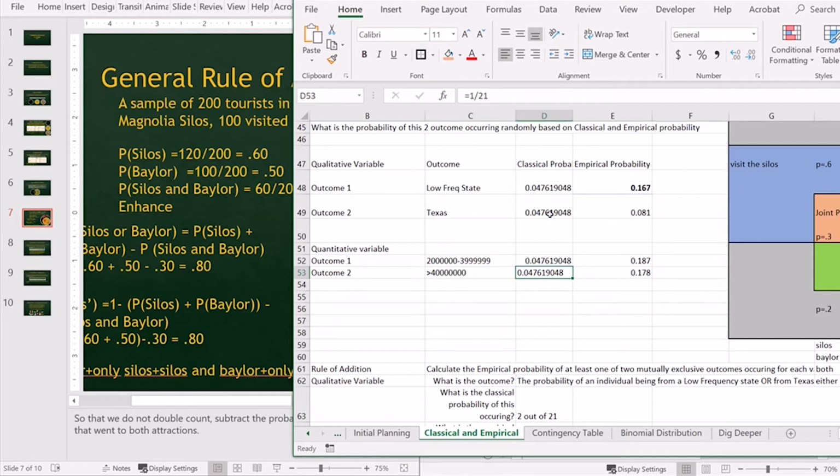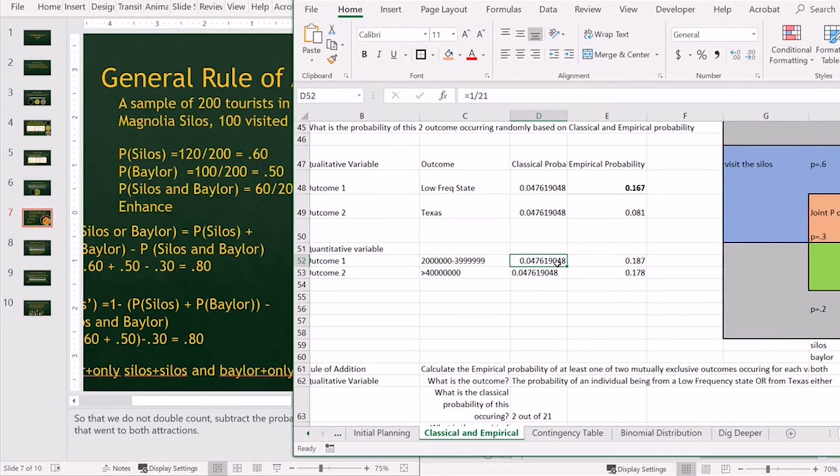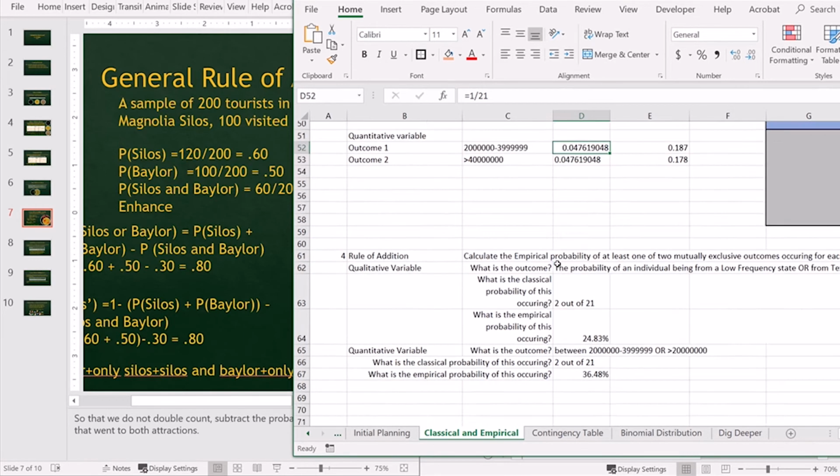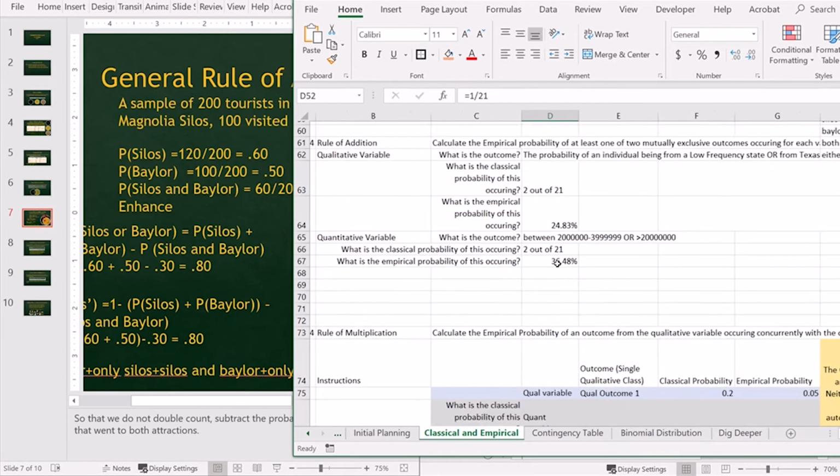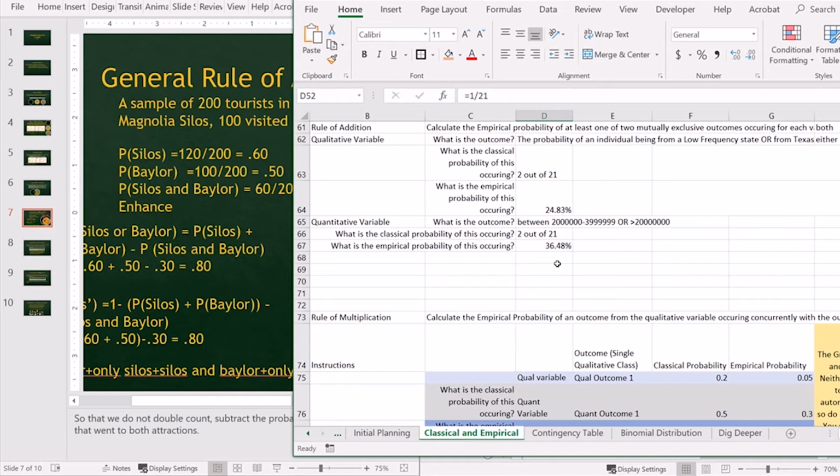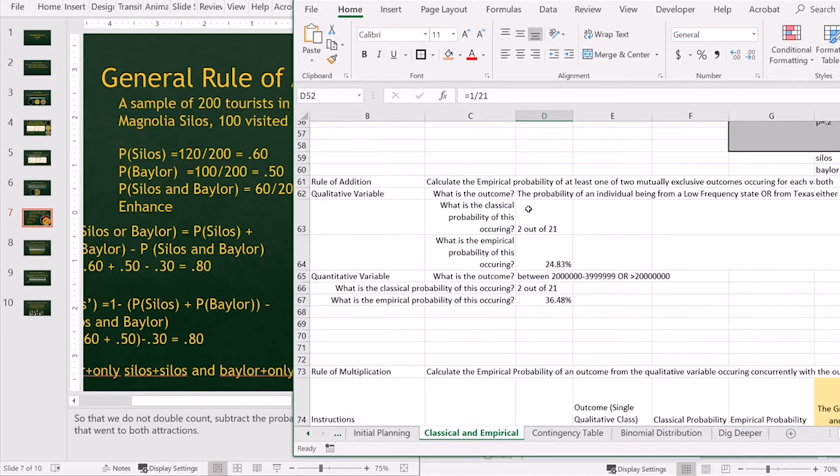Now, what's the probability of having a fast-growing company in the state of Texas and it being between 20 million to 40 million? Can both of those happen at the same time? Yes. So therefore, I would use the general rule. Okay. So we've got the rules of addition.